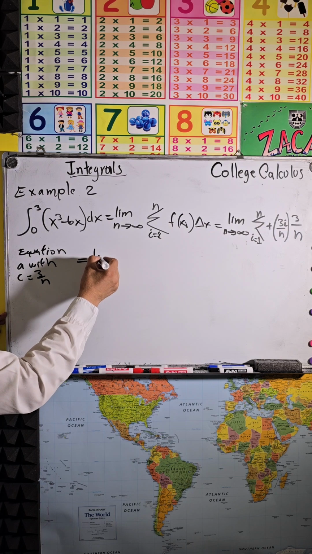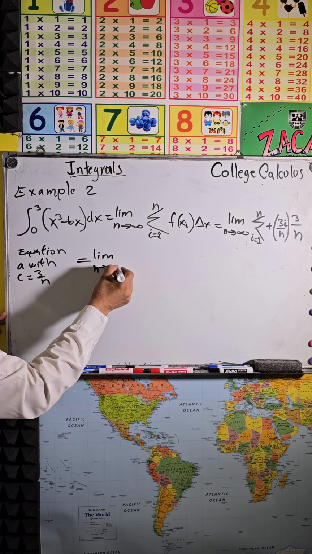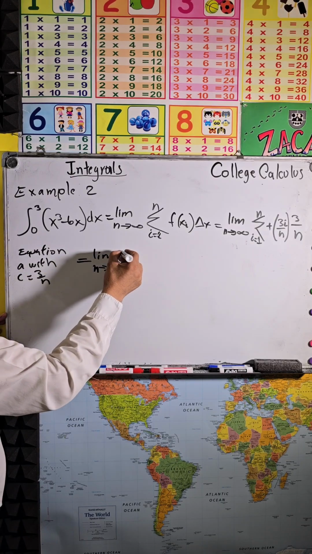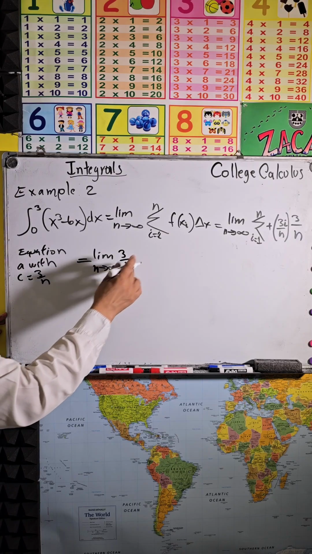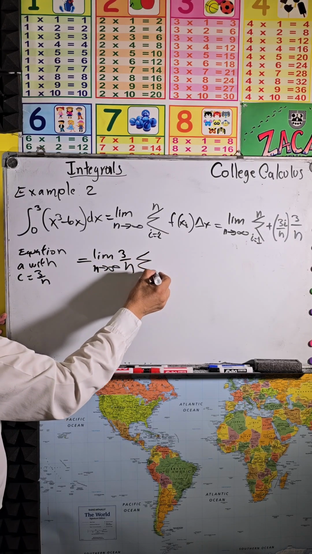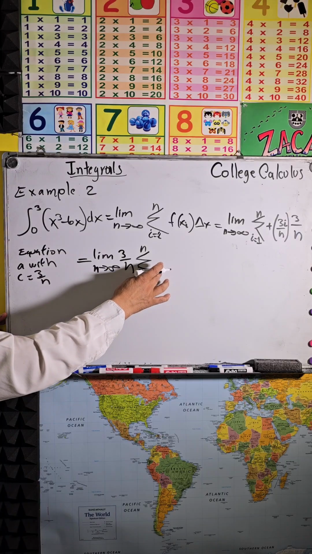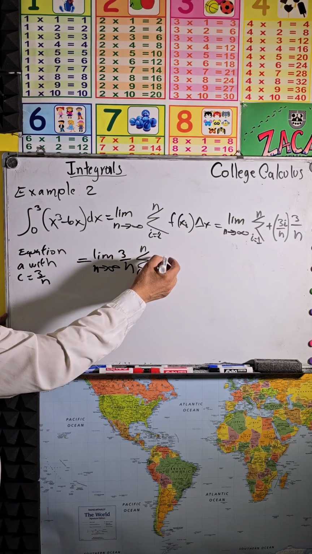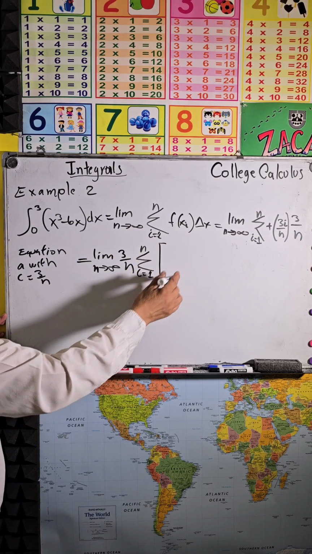We will have limit when n approaches infinity of 3 divided by n, sigma i equals 1 to n. Open a bracket like this.